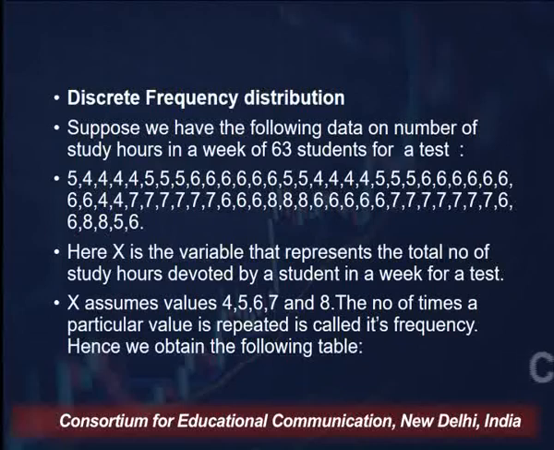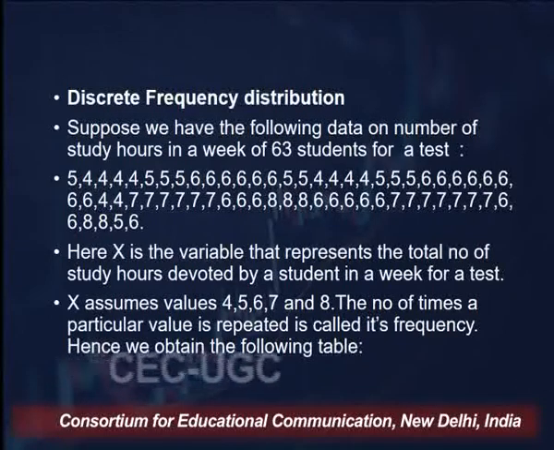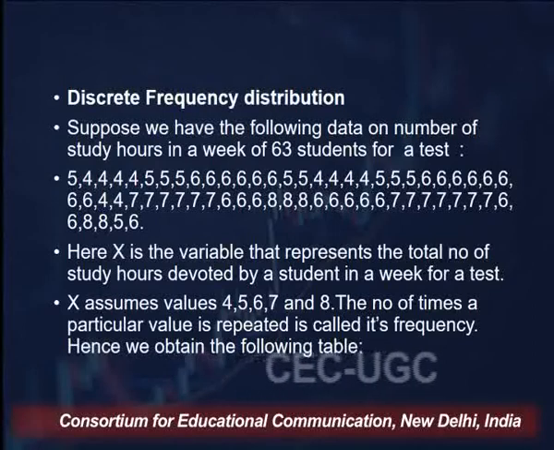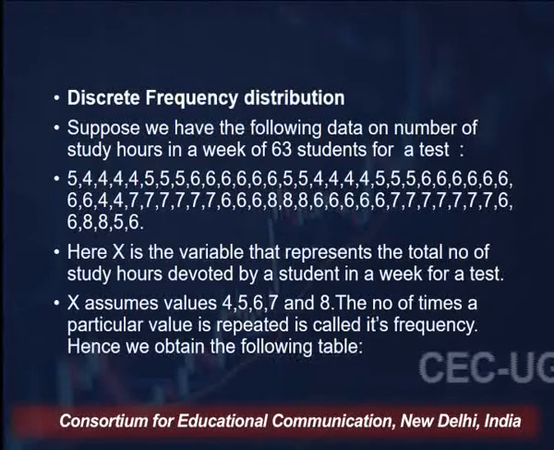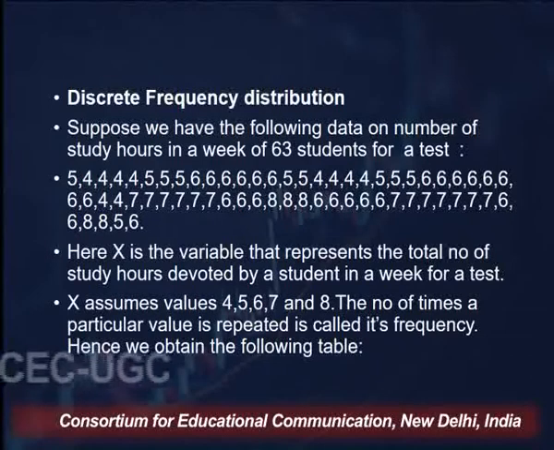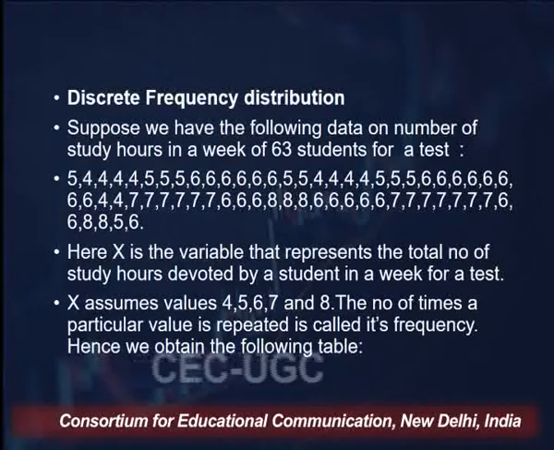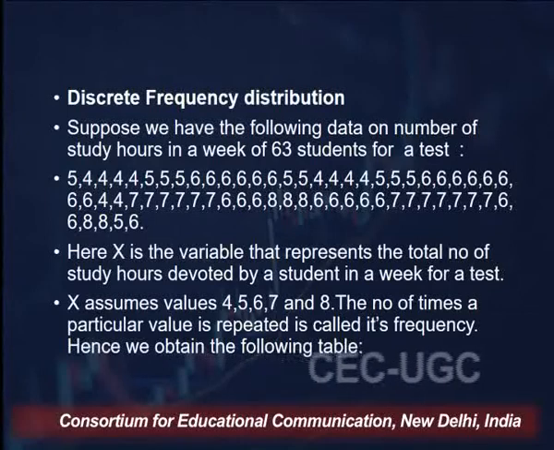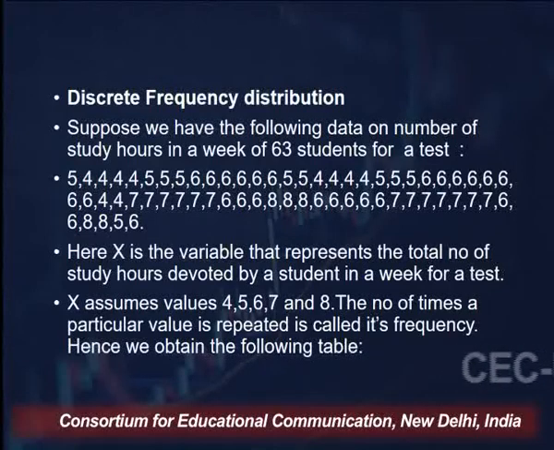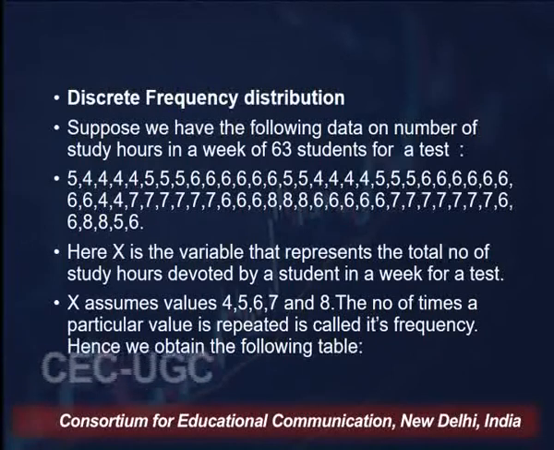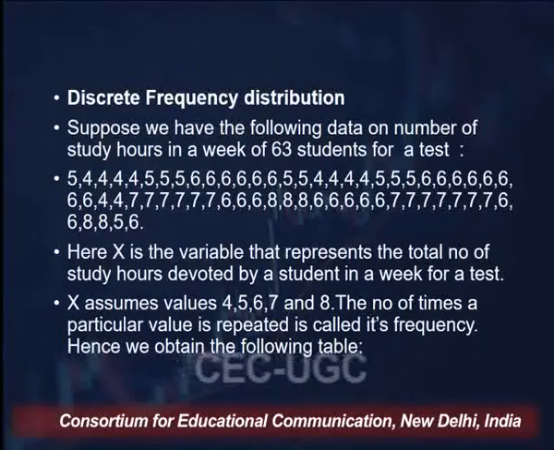So for instance, the first student is devoting 5 hours, the second student is devoting 4 hours, another student is devoting again 4 hours. Like that the data has been collected. These are the 63 observations on variable X, but looking all over it, X is assuming 4, 5, 6, 7, 8, these 5 values.